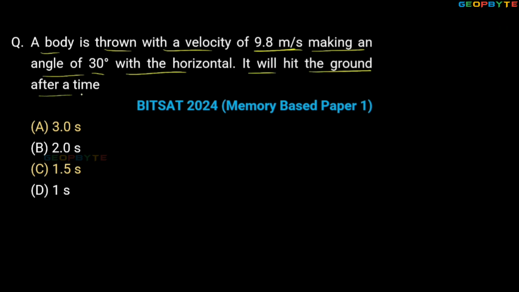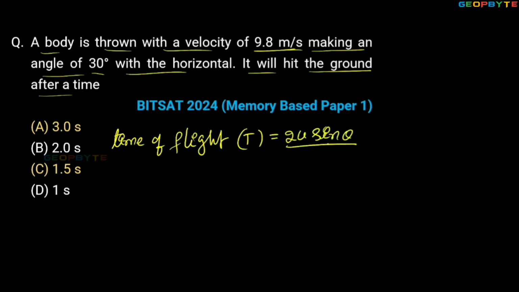A body is thrown with a velocity of 9.8 meter per second, making an angle of 30 degrees with the horizontal. It will hit the ground after a time t equal to time of flight. As you know, time of flight t equal to 2u sin theta by g. It is equal to 2 into u, value given 9.8 meter per second, theta is given 30 degrees.